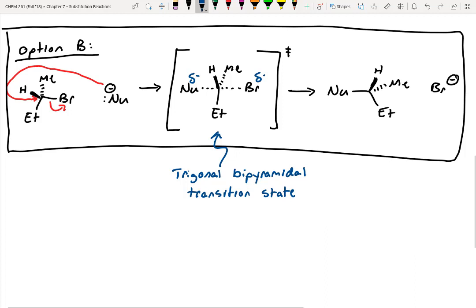Another way of describing this reaction is almost like an umbrella flipping inside out. So if you've ever been outside on a windy day, your umbrella could flip inside out. It's a similar sort of reaction. This is referred to as an inversion of configuration.